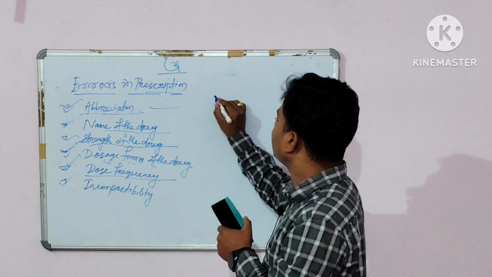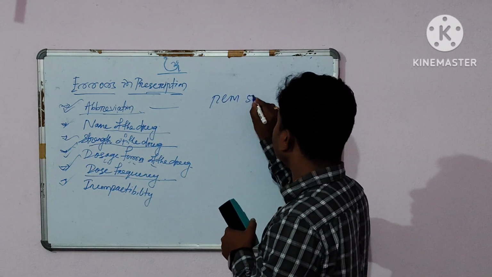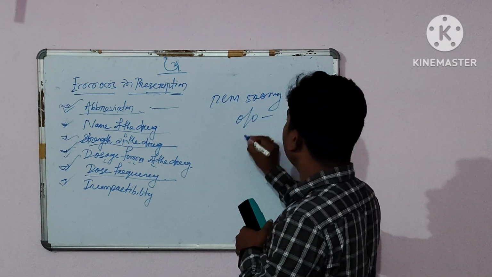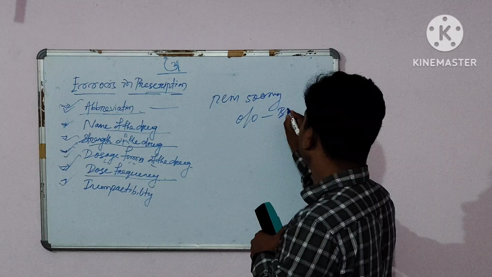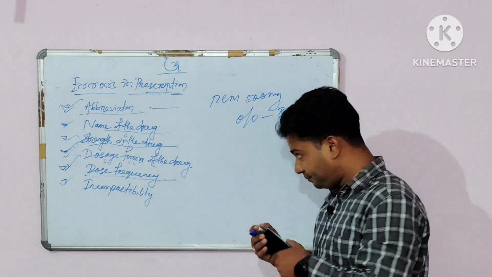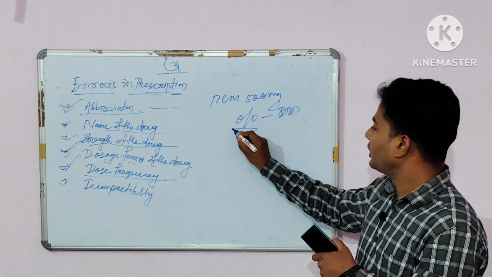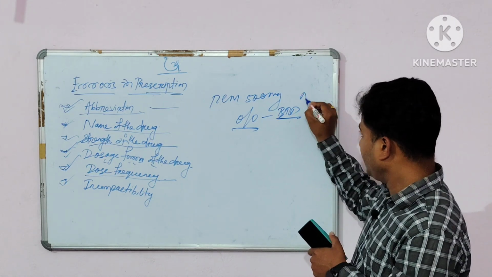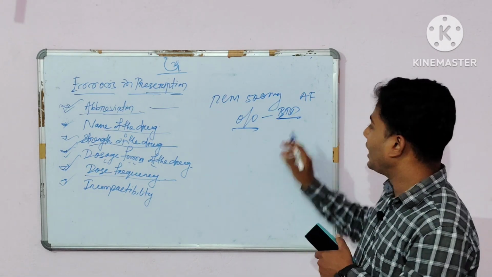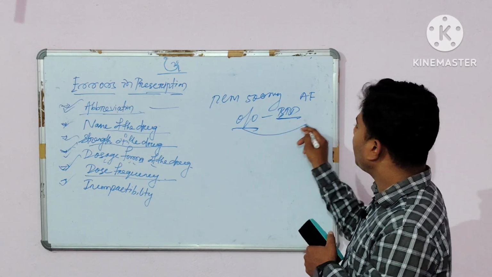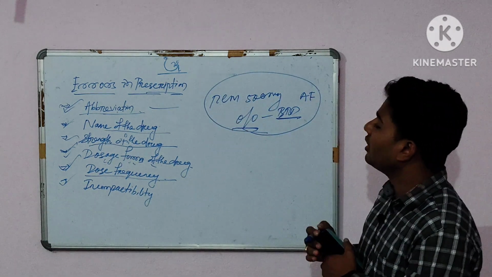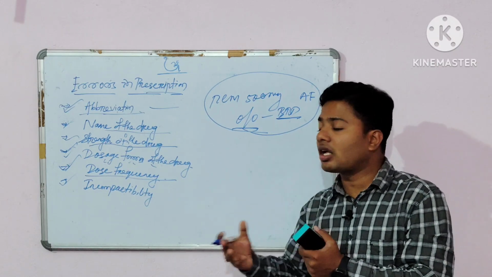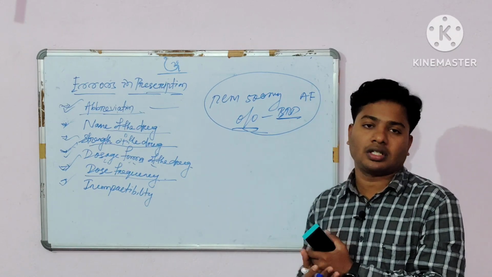Suppose the paracetamol tablet is dispensed 2 times a day, that means 2 times, and after food, AF, that is after food. So if all the information is not clearly mentioned, what will happen? Definitely the pharmacist gives the wrong information to the patient.